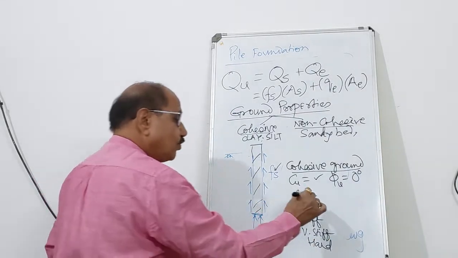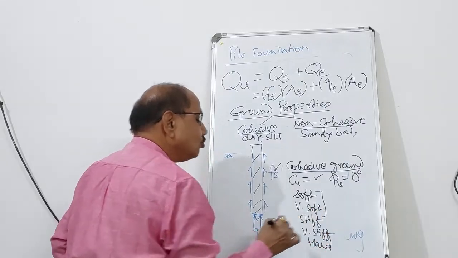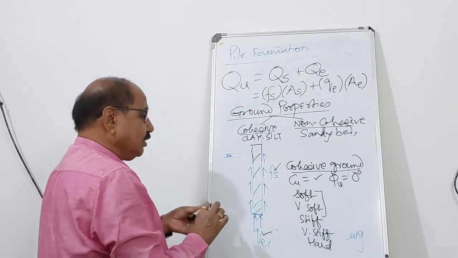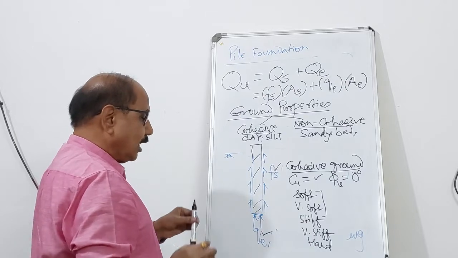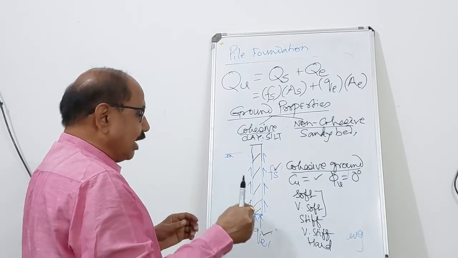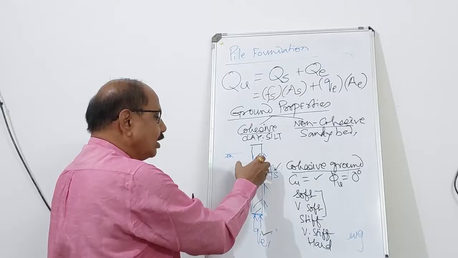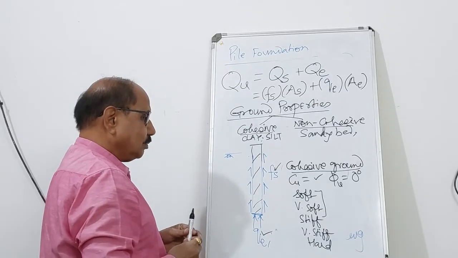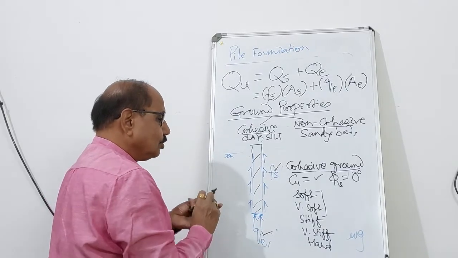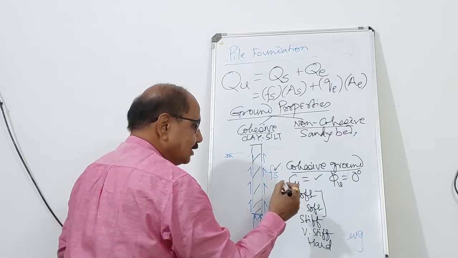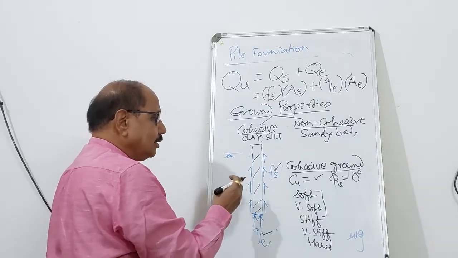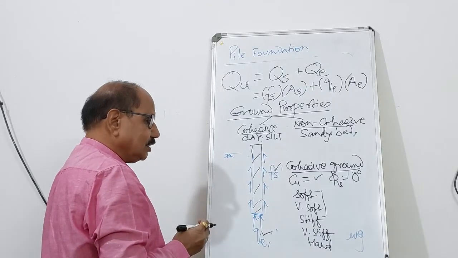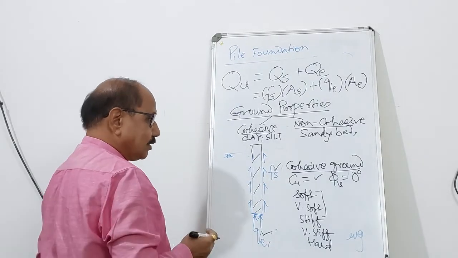If it is soft or very soft ground, then when you are pushing the pile into the ground, the adjoining soil is well in contact with the pile shaft. So in that case, the adhesion between the adjoining soil and the pile shaft is going to be higher.